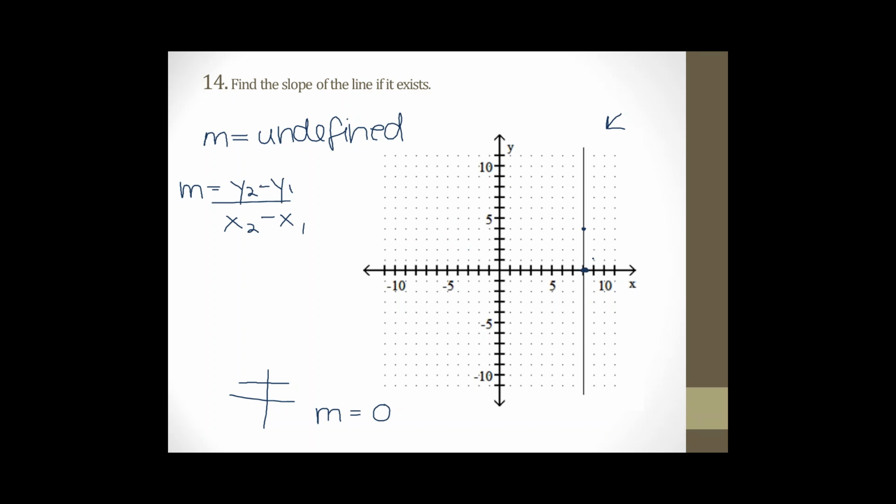This one here would be 8, 0, and this one on top here would be 8 and then 1, 2, 3, 4, so 8, 4. And it doesn't matter which one you call point 1 and which one point 2, only once you label them, keep the labeling.